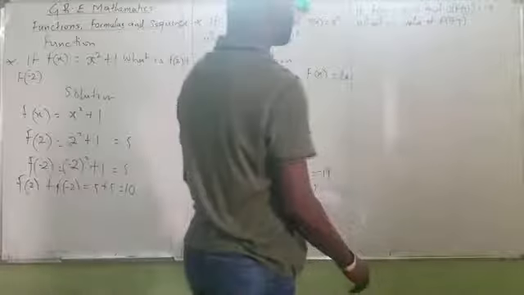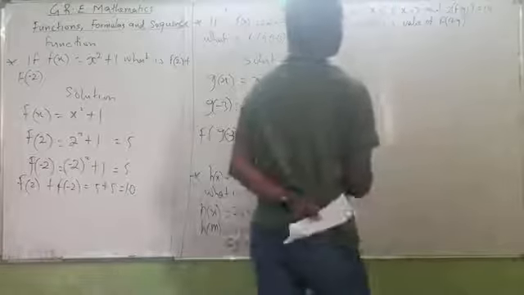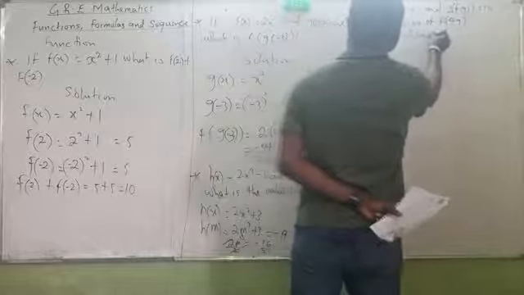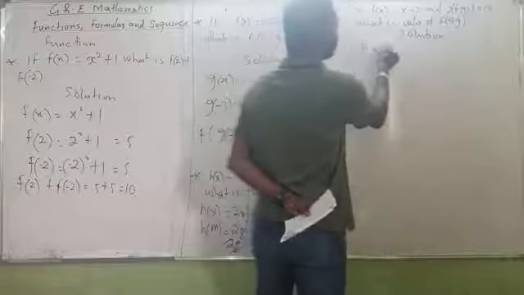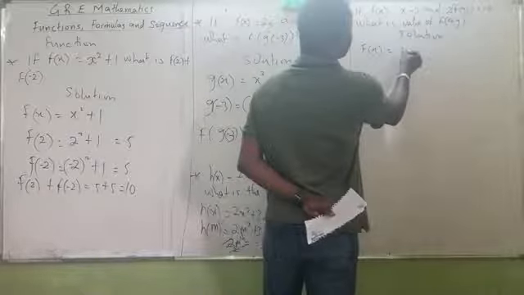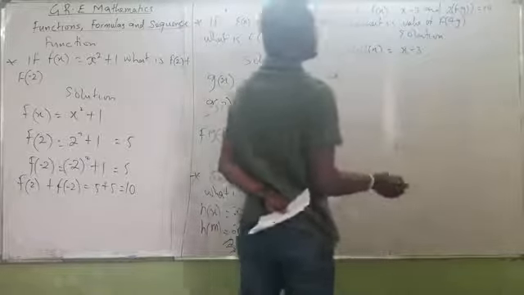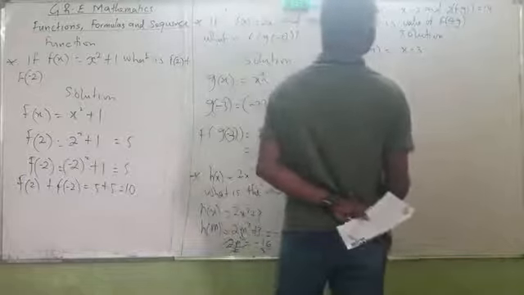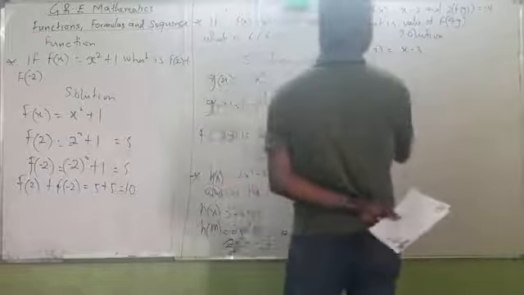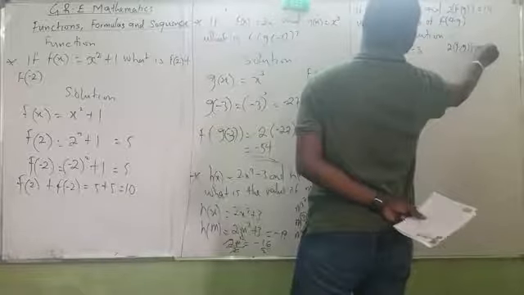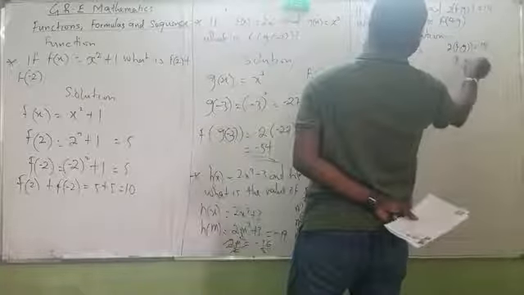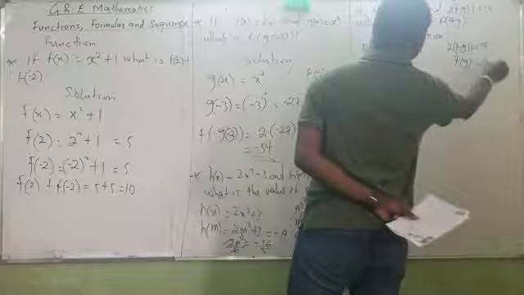Now, the solution. I know that my f of x equals x minus 3. And we're told that f of g of 14 equals 7.